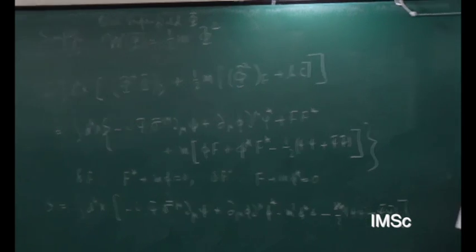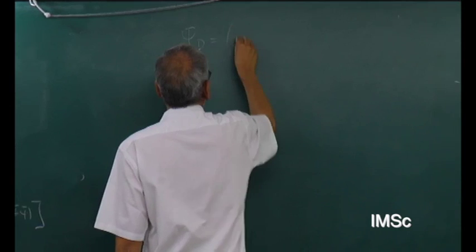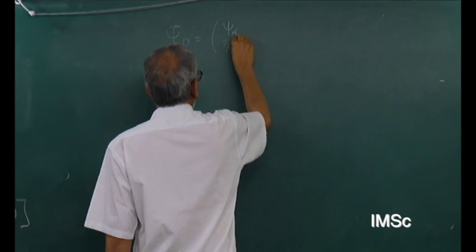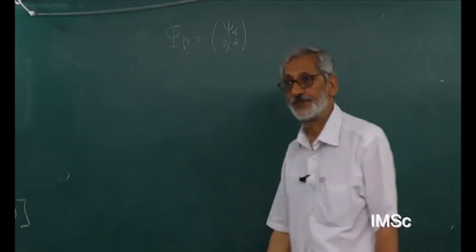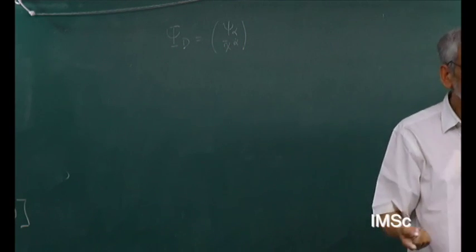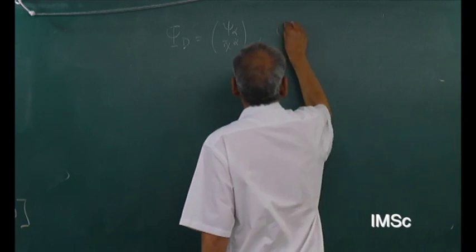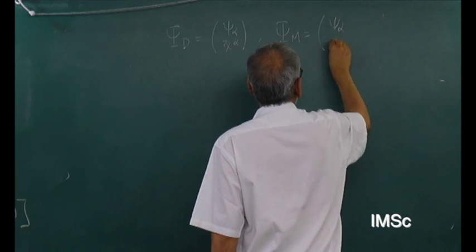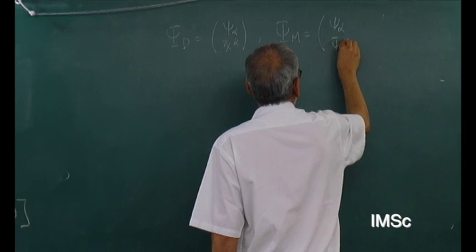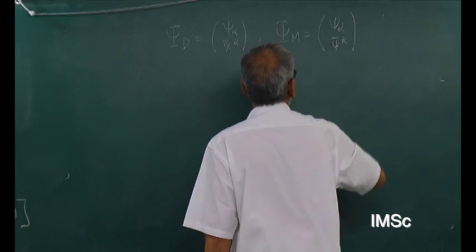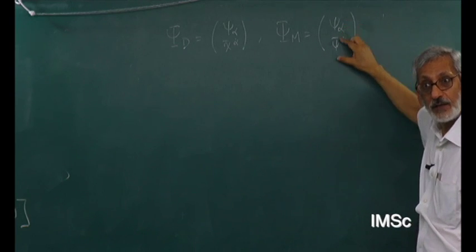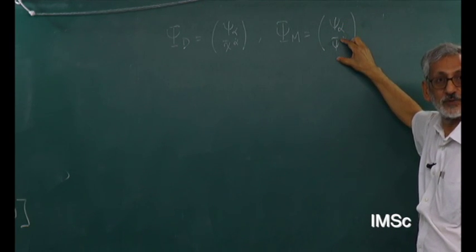We had said earlier a Dirac field is made up of two chiral fermions, psi alpha and chi bar alpha dot, in the 4-component notation. And a Majorana field is made up of psi, 2 components, and the conjugate of those 2 components.